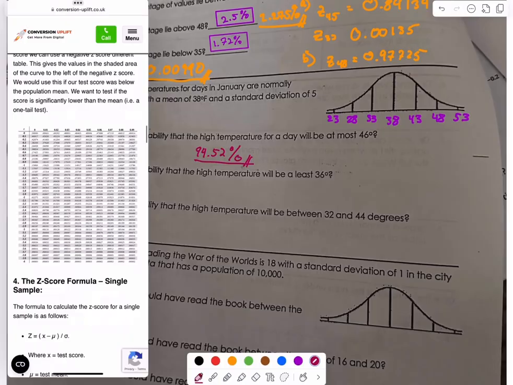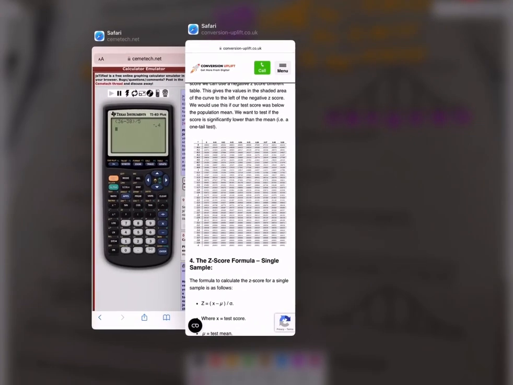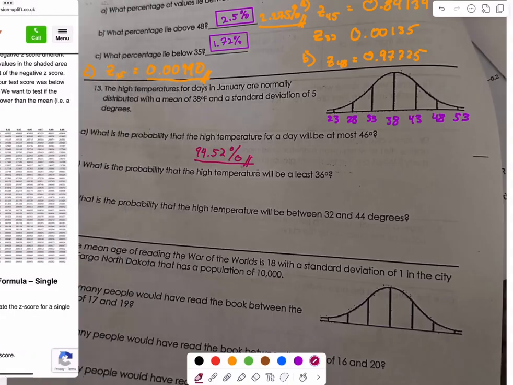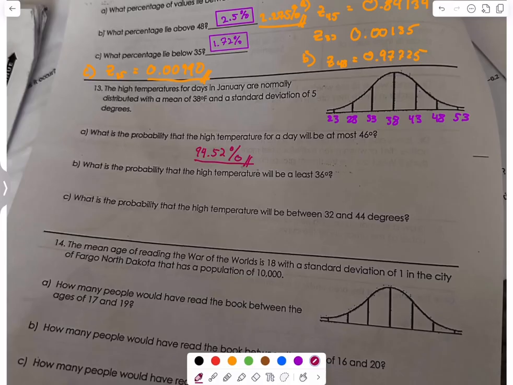And this negative z-score chart of negative 0.4 is telling us the percent of the data to the left, right? But we want the amount to the right. So negative 0.4 has a probability of 34.458. So that's going to be a 1 minus 34.458%.